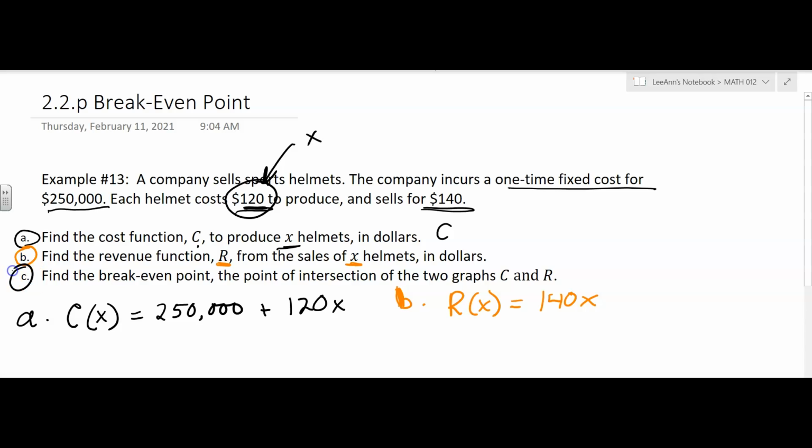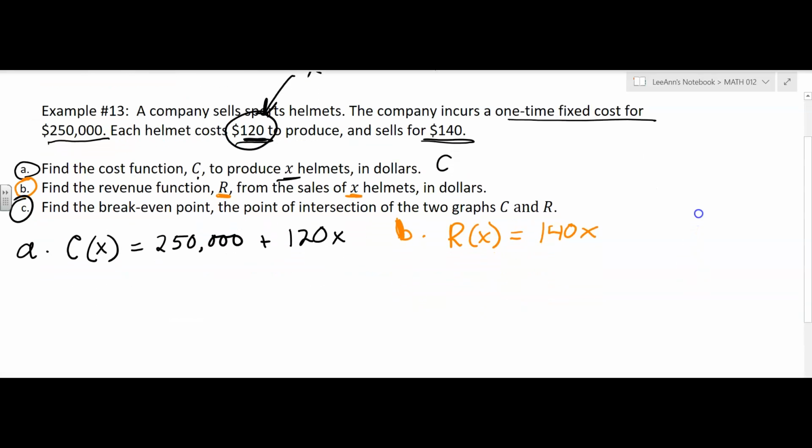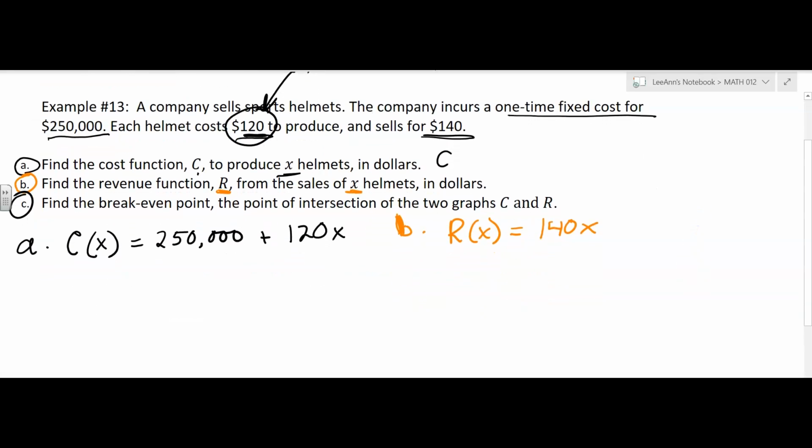Okay, the break-even point. The break-even point is when you're just breaking even. How much it cost you and how much you brought in are equal to each other. So we ask how many helmets? I've got all these costs, 250,000 plus 120 per helmet. How many do I need to make and sell so that I will break even? So we set them equal to each other. You could graph this out as well.